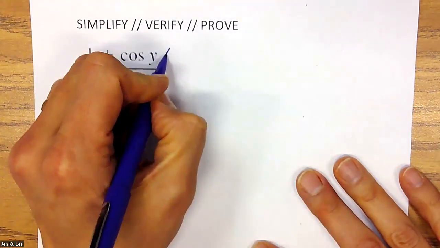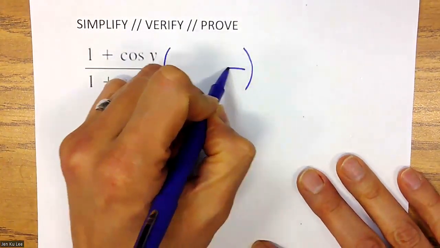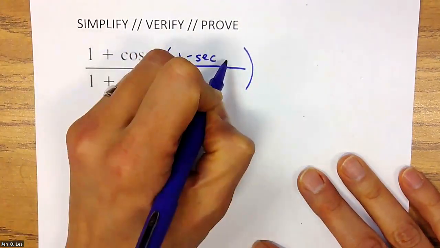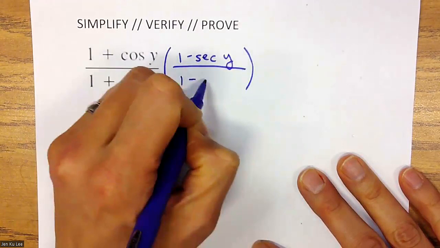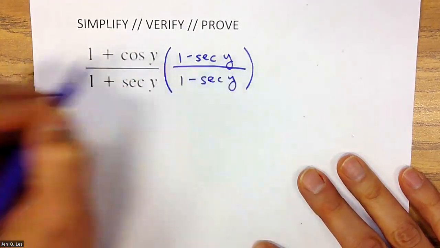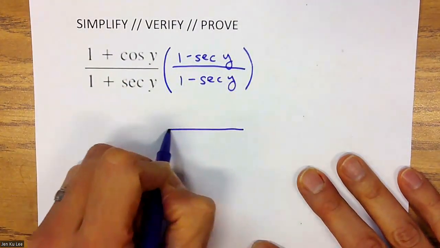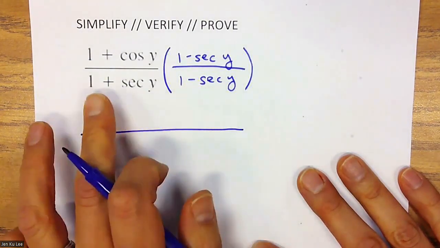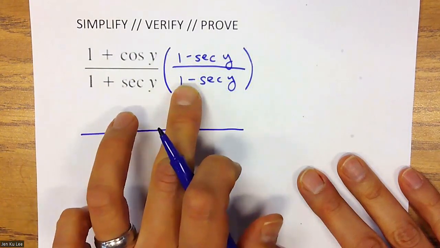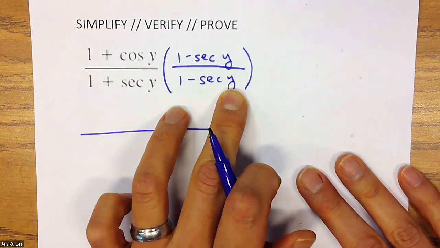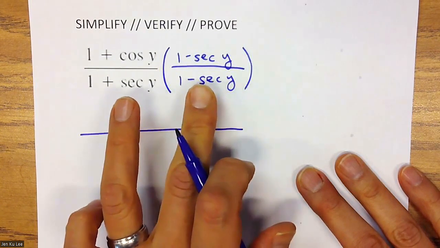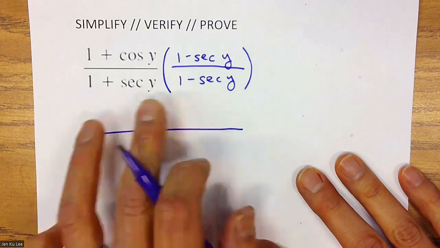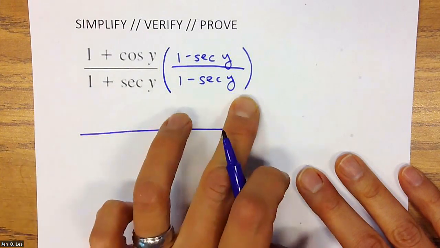So what I'm going to do is multiply this by 1 minus secant of y, top and bottom. Why I'm doing that is because now my denominator is 1 plus secant y times 1 minus secant y. Does anyone know that form? 1 plus secant, 1 minus secant. What is that?